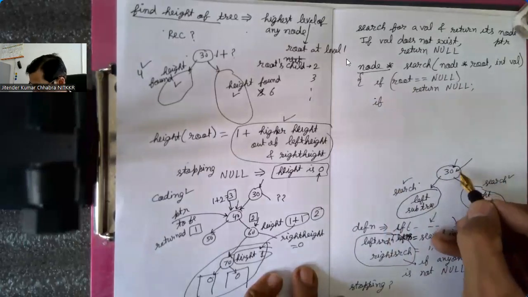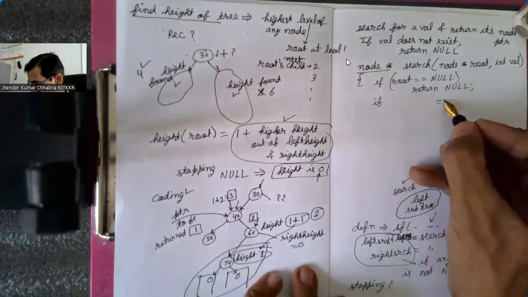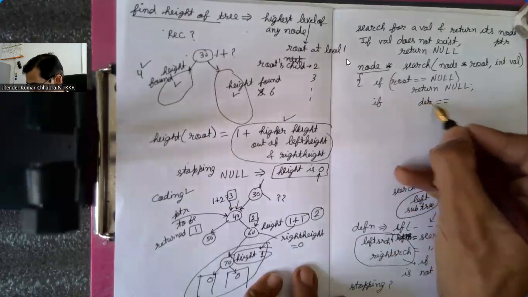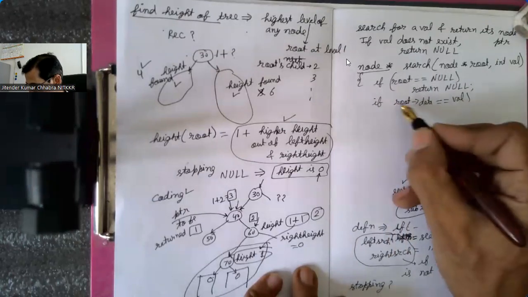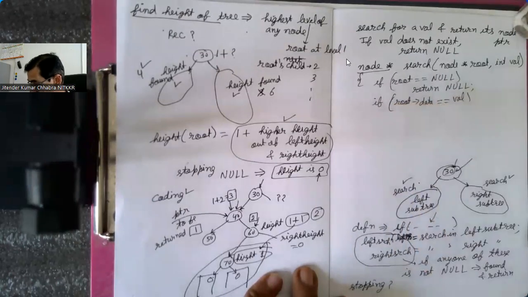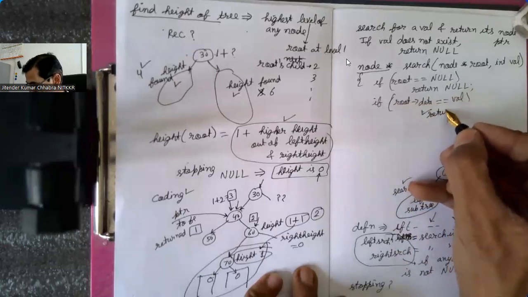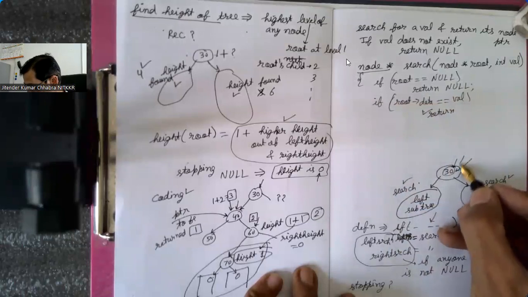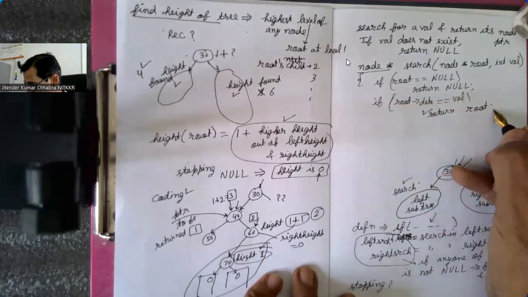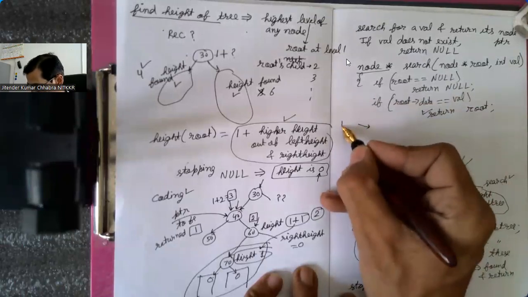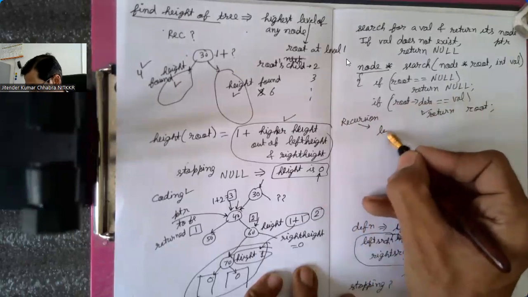If I was searching for 30 itself, the root's data was equal to the val. Then also no recursion is needed, work is done. So you will return what you want to return, the node pointer, node 30. So you will effectively have your root being returned. Now recursion will be applicable, so you will find left search.